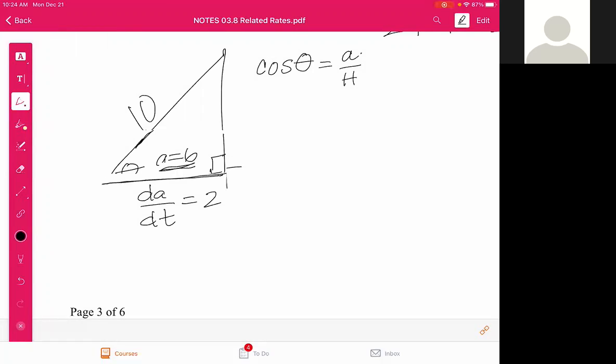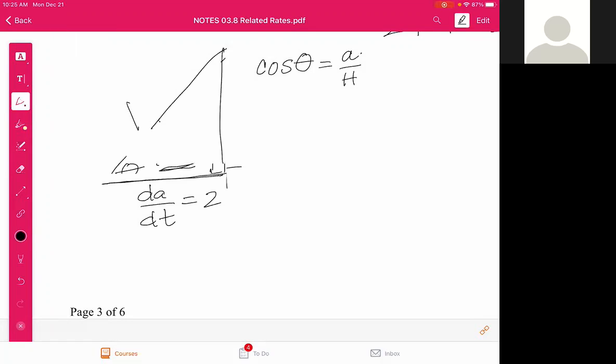At a particular moment in time, it's 6, but really it's being pulled away from the wall. So A is changing. Is H changing? What's H represent? The hypotenuse, which is the ladder. H is not changing, okay?